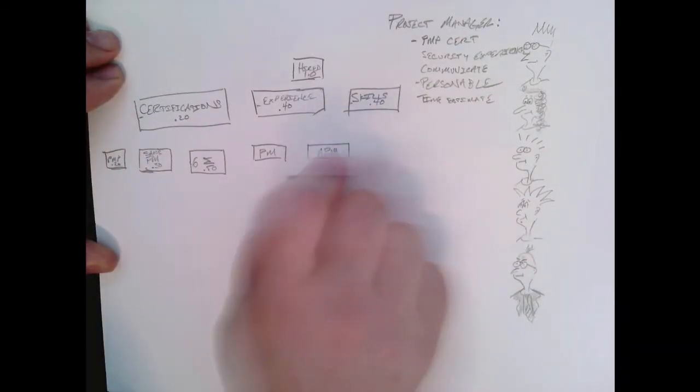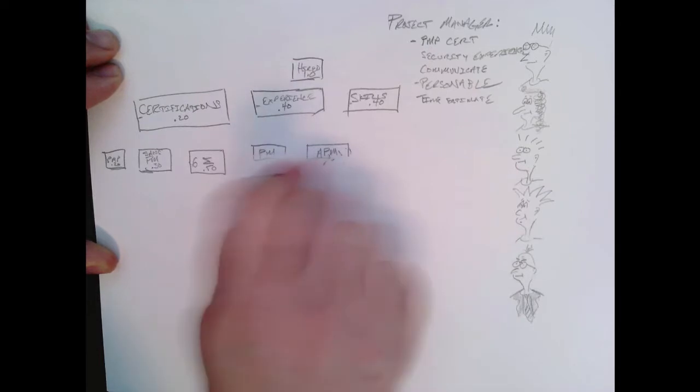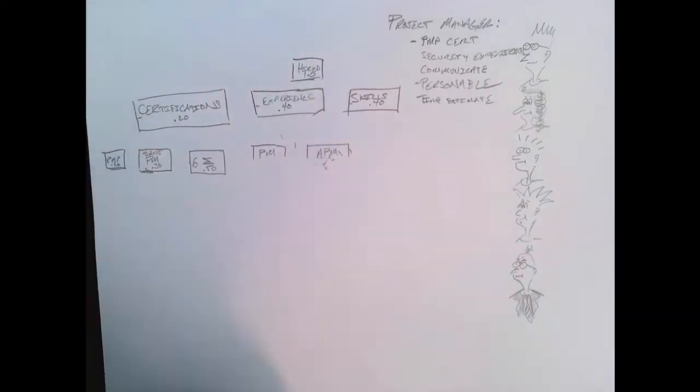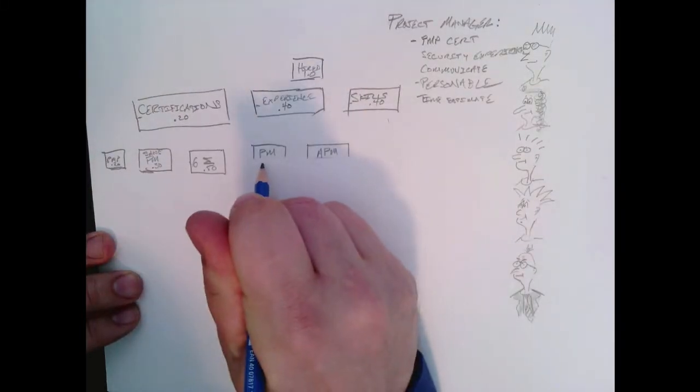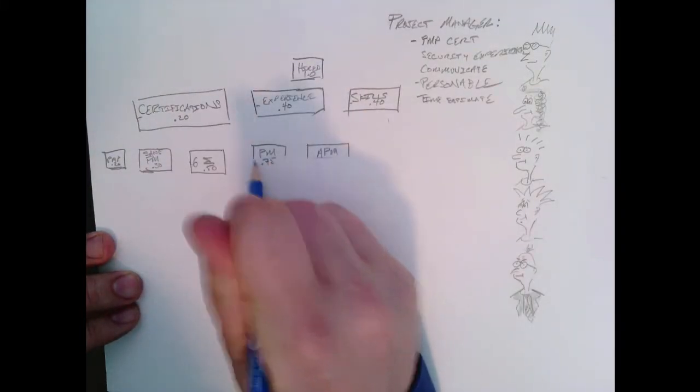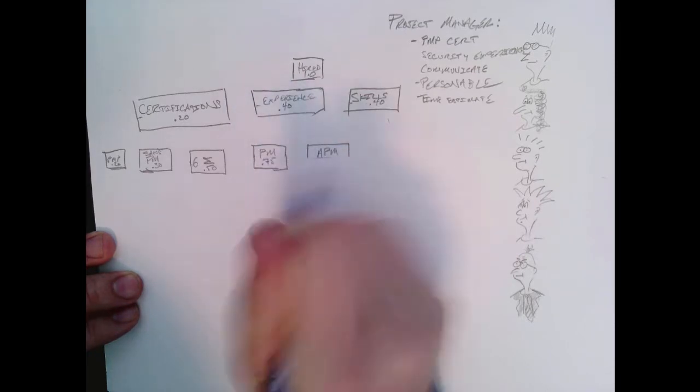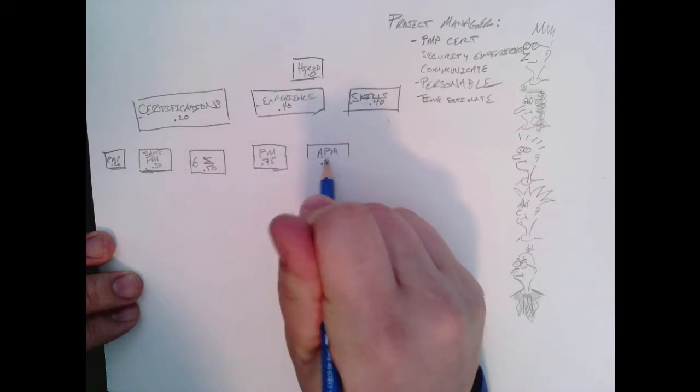And of course, I've drawn my boxes too small, so I can't actually fit the numbers in there, so let me just erase that. All right, so let's say that project management, if they've done that, that's worth a 0.75, 75%. If they've only assisted, that's 0.25.